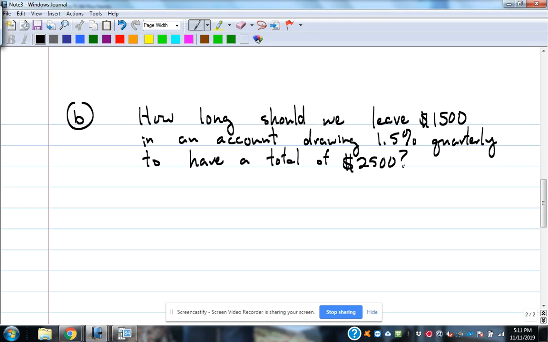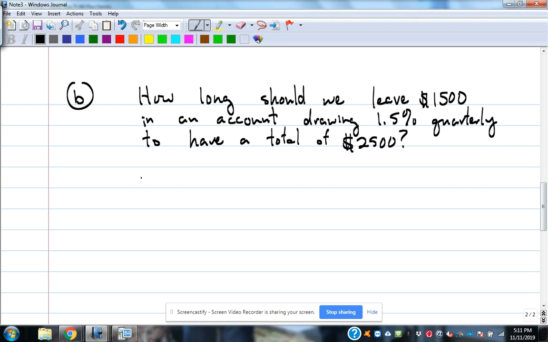So not quite doubling our money, but how long should we leave that money there so that when we go to withdraw it, we're withdrawing $2,500 out of that, which would be a nice little few days on the beach.